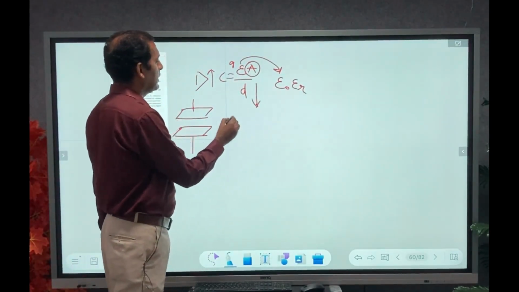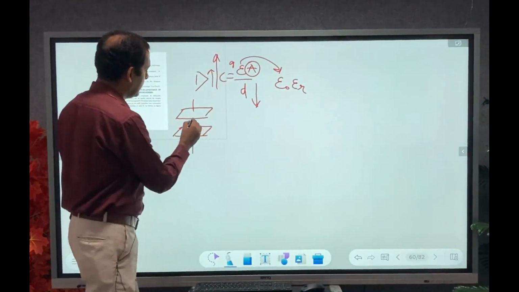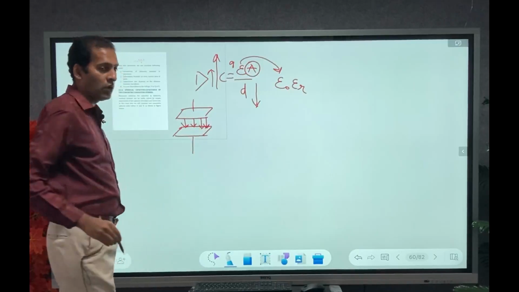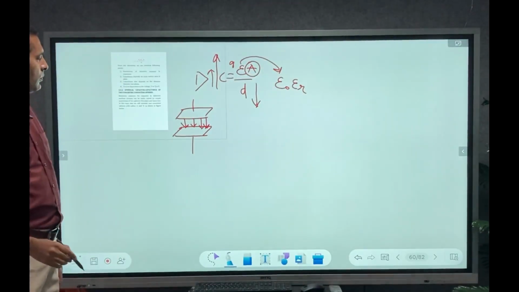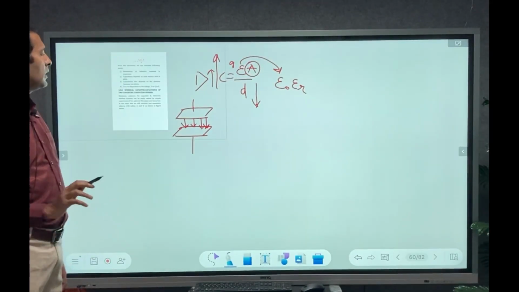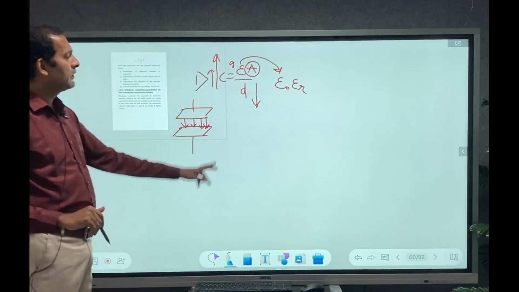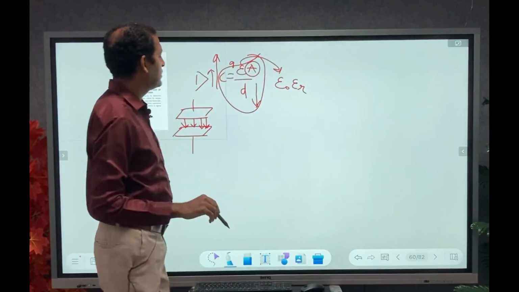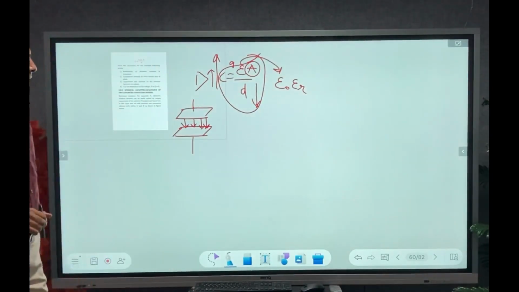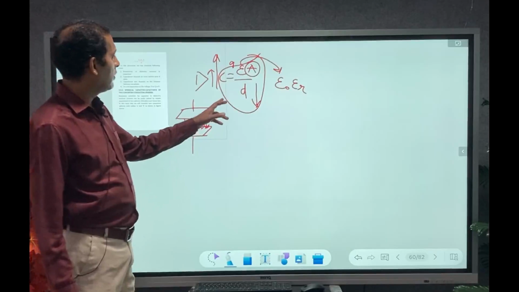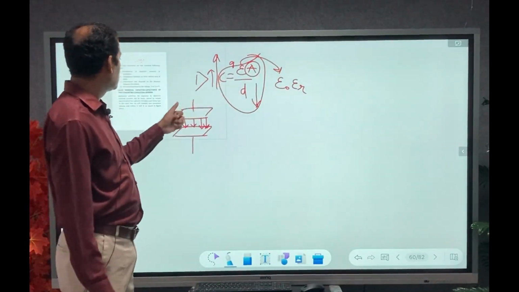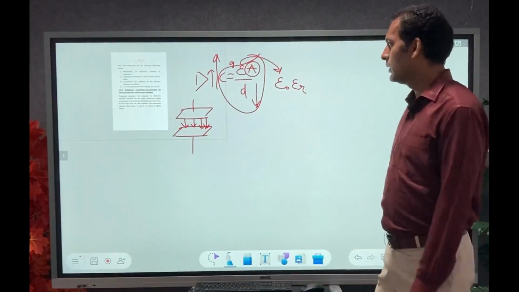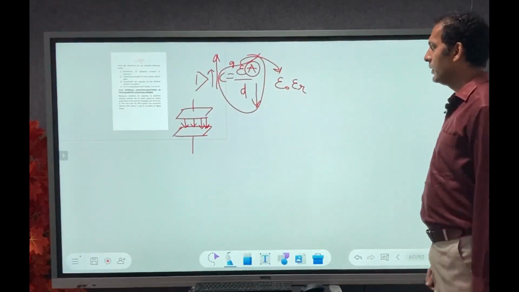If distance is decreased, capacitance increases because it takes less time to handle the movement of flux across these two plates. It is not dependent on the voltage, charge or electric field intensity directly. So this expression does not directly depend upon any of the charge, voltage or electric field intensity. So that's a very important point to remember.